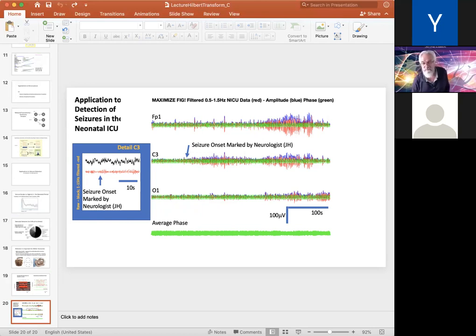Sure. I don't remember exactly which seizure this is that we picked out, but personally, when I'm reviewing an EEG, I'm looking at it qualitatively and then can bring in some quantitative measures to see if my suspicions are correct about an onset of a seizure.